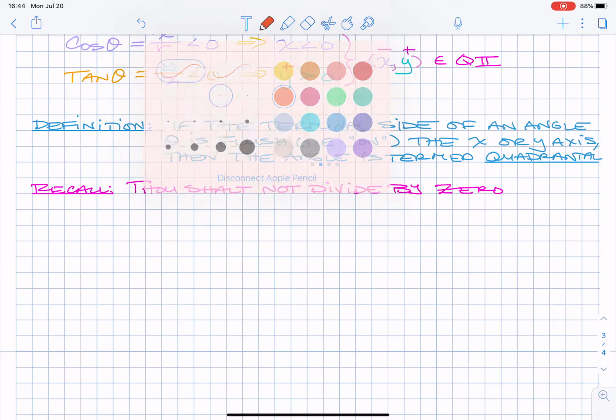So x and y coordinate axes. Let's consider points. So let's call this point on the x-axis r, 0. Then let's call this point here on the y-axis 0, r. And then let's call this point here on the negative x-axis negative r, 0.